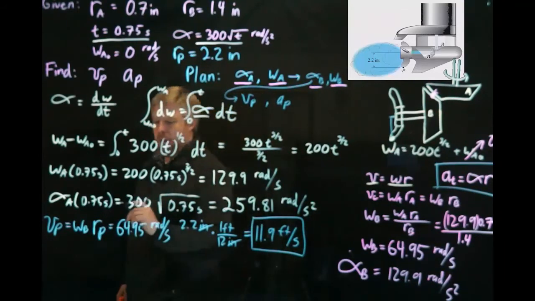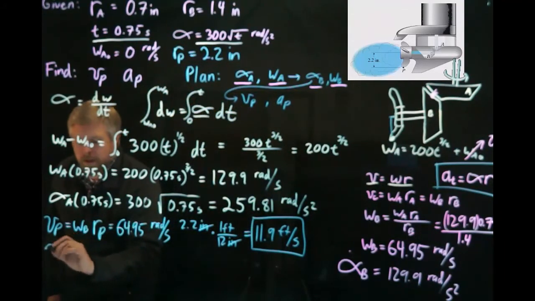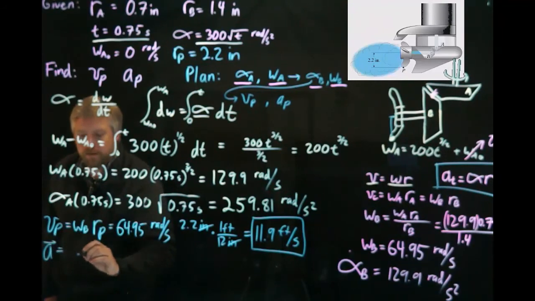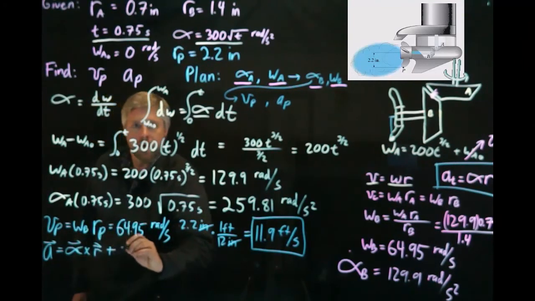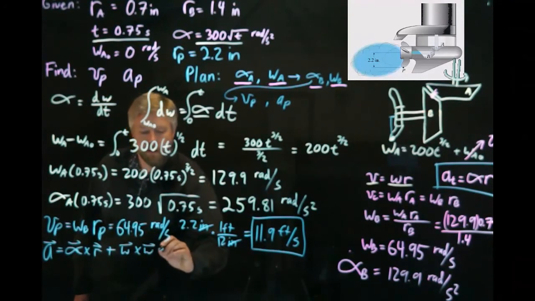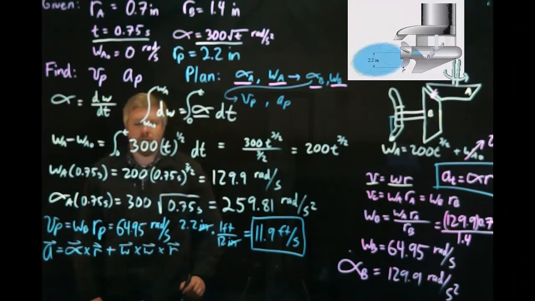If you remember, the equation for acceleration is, acceleration as a vector is going to be equal to alpha crossed with r plus omega cross omega cross r. Now that's the vector version.